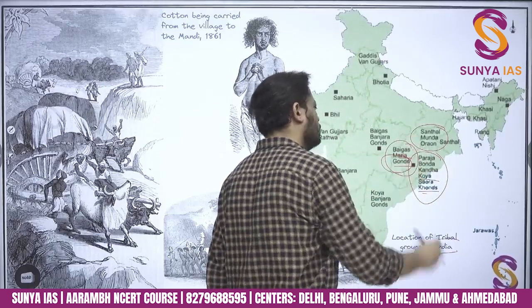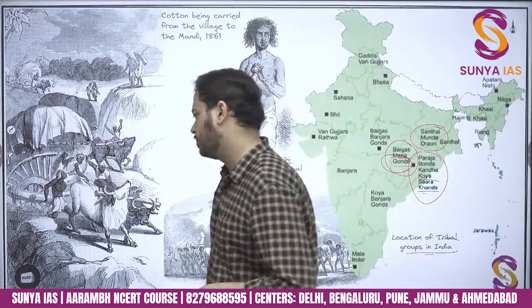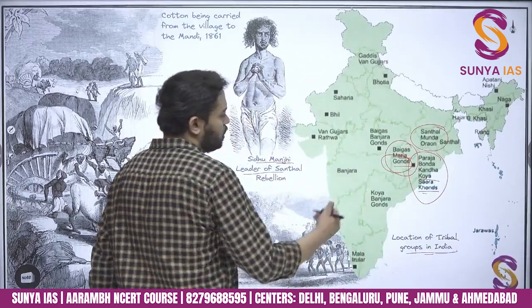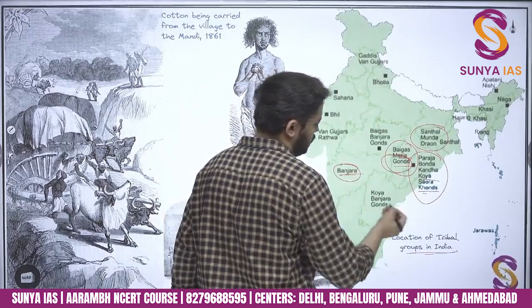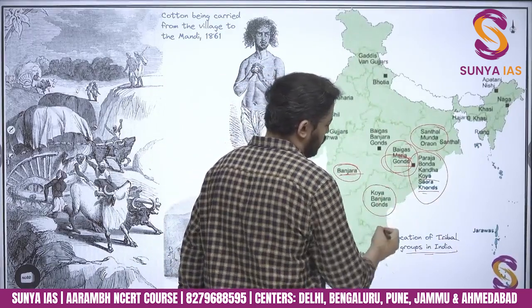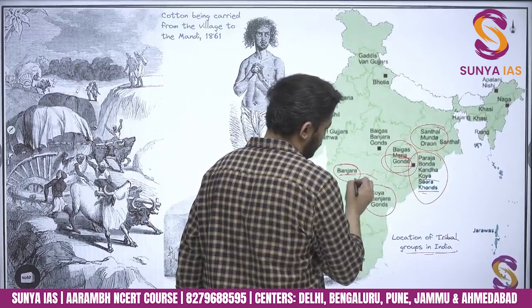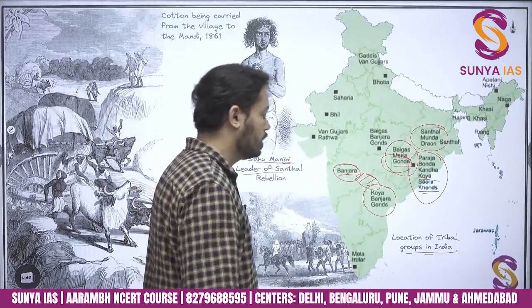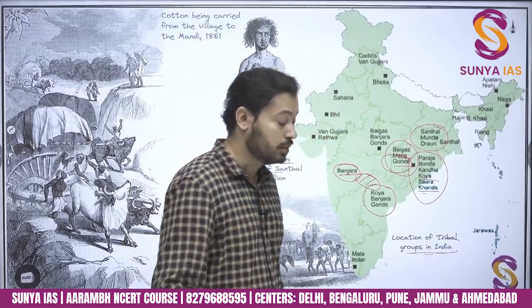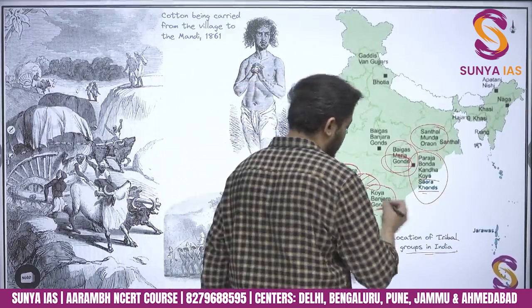Gonds are the largest; the maximum number of tribals in India are from the Gond community. In Maharashtra, you will find Banjaras. Banjaras are found in Maharashtra and Telangana, actually, not Andhra Pradesh. Gonds are there in Telangana and Andhra Pradesh both.